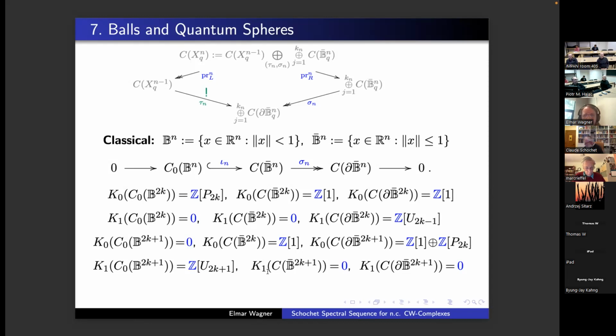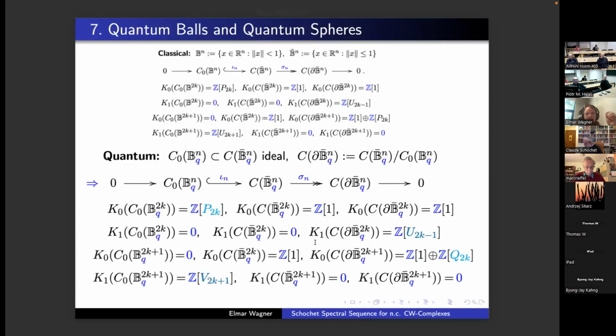And then it goes on, K1 of the closed ball is 0, and K1 of the boundary is now an even sphere, 0. So that's what we want to do. Well, that's the minimum requirement for quantum balls. To have some sort of quantum ball, we want to have a system algebra, which represents the closed ball.